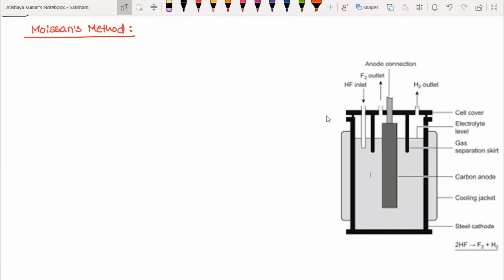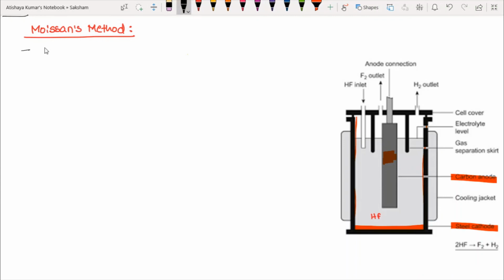As you can see in the diagram, this central electrode is the positively charged carbon anode, and the entire body of this chamber is made of steel, which is the steel cathode. The electrolyte used here is HF or hydrofluoric acid.